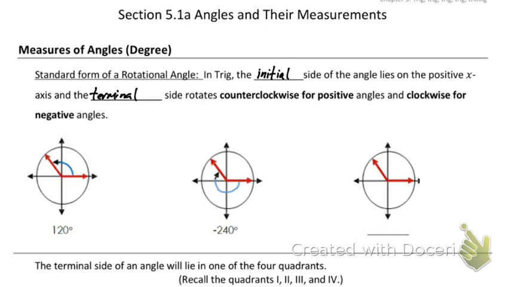This one went clockwise, so it's a negative 240 degrees. So we all start here, and then something happens with this spinner. Initial, terminal. That's my initial side. That's my terminal side. This arrow tells me which direction I'm going, whether it's positive or negative.